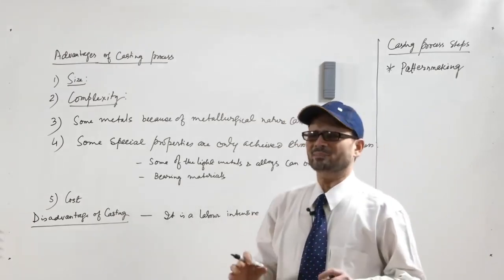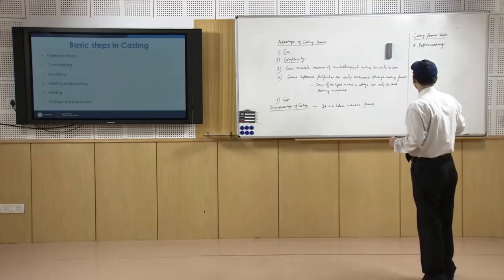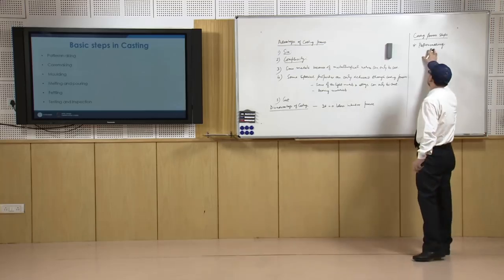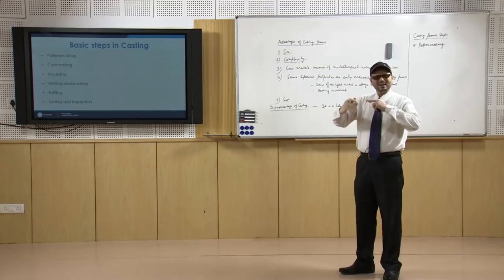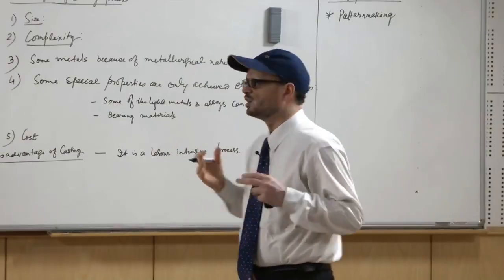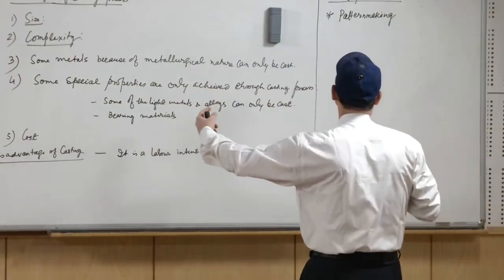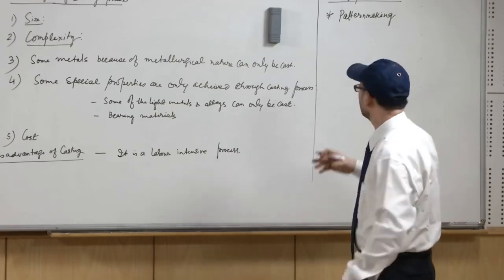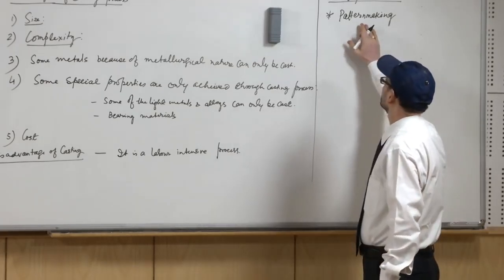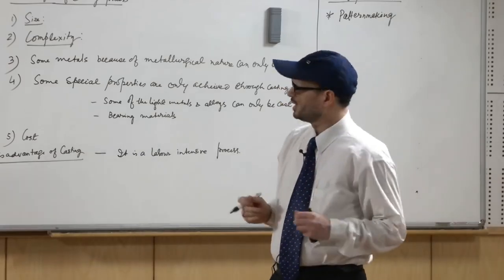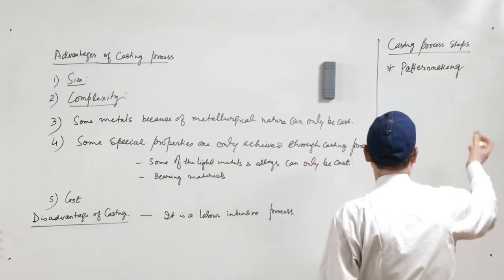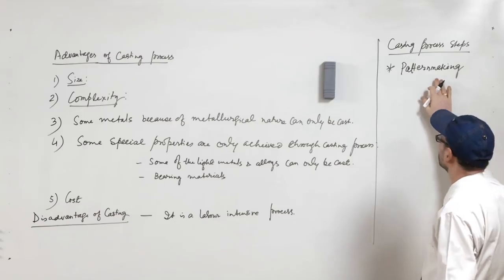Pattern making is nothing but making the exact size of the cast product plus certain allowances, which we will basically study in the long run. Here this pattern is made of either wood or metal and even plastic products nowadays.